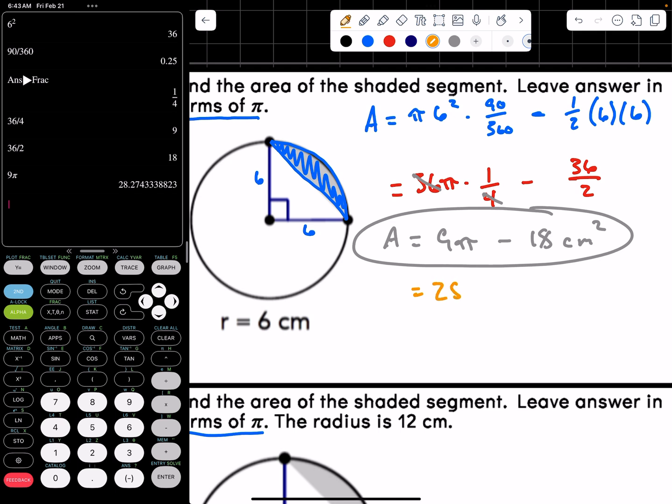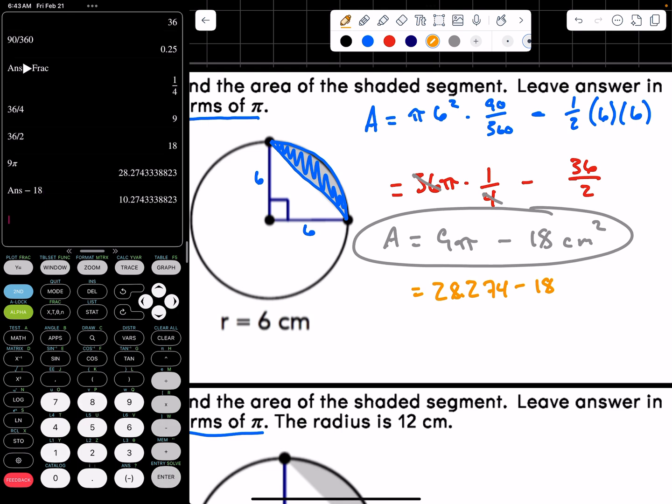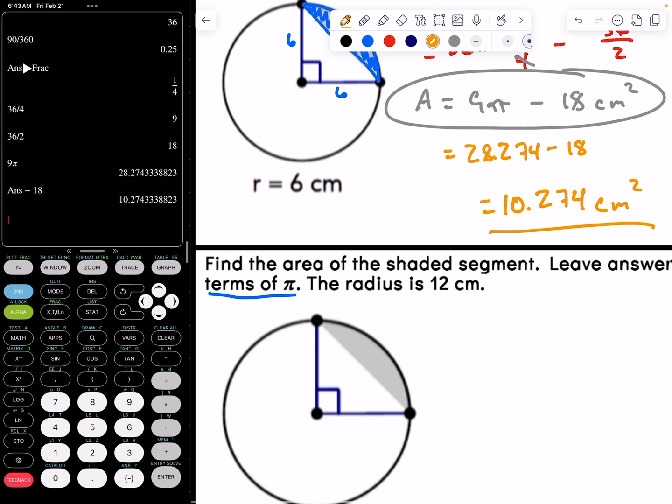This would be 28.274 minus 18, which is going to give us 10.274 centimeters squared. That would also be an acceptable answer if you're not asked to leave your answer in terms of pi. But again, in this case, we are. Both of those would be our answer for the area of the shaded segment.